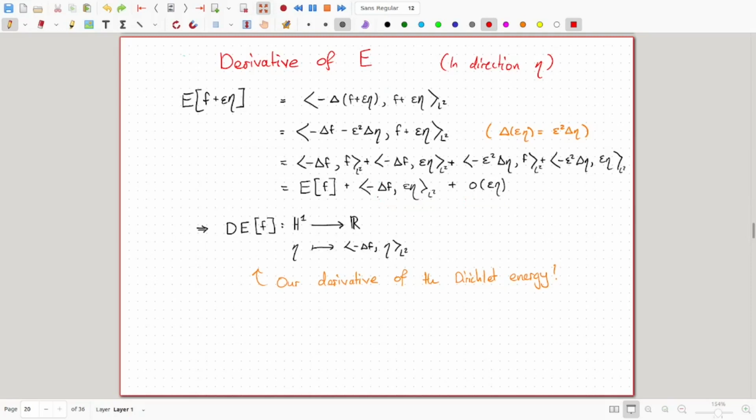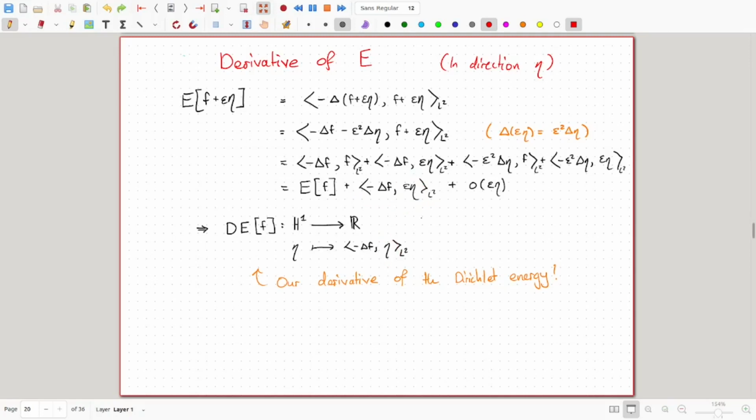Now if you recall, the definition of the derivative matched up very closely with this. We took some vector and added some small other vector, and we would get something that looks like this. So the derivative of our energy at f is a function which takes in some directional vector, and what it does is evaluate this inner product on the function eta.